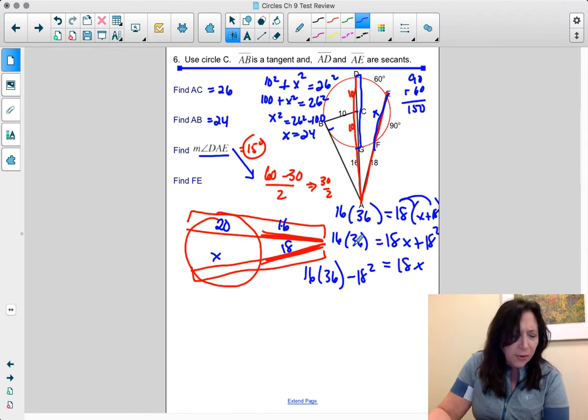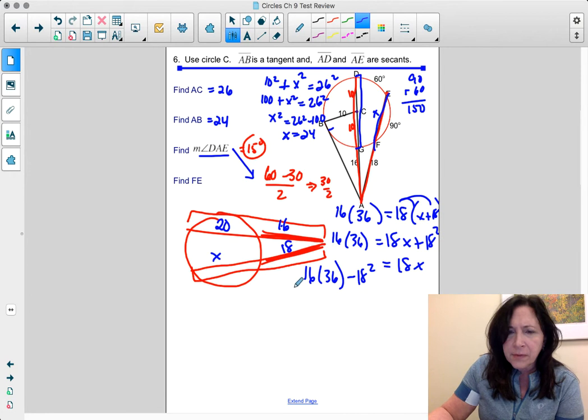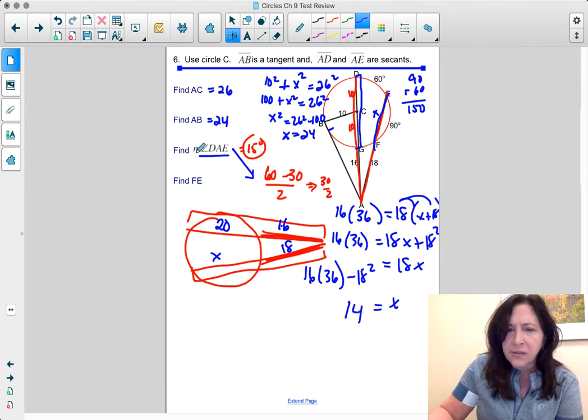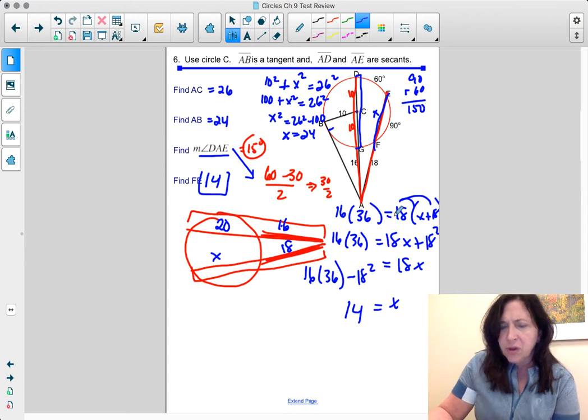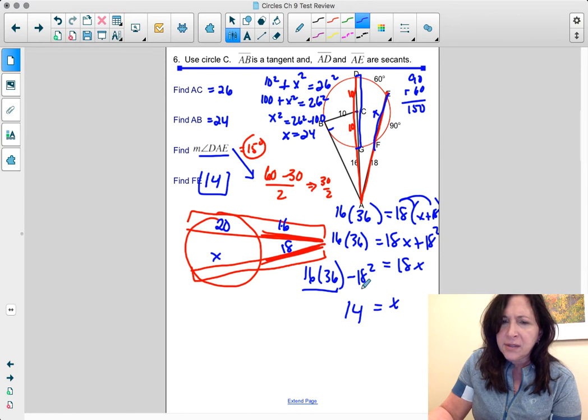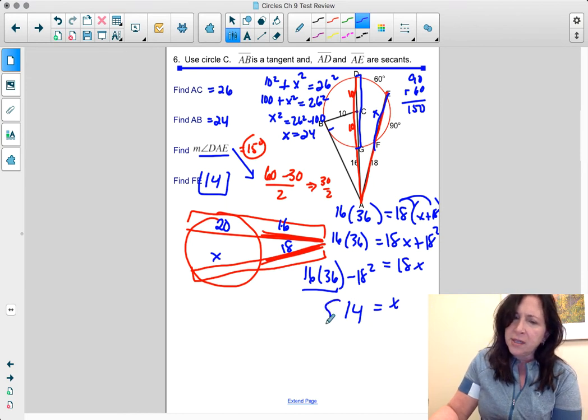Solve for x. x turns out to be 14. You can use your calculator: 16 times 36, get that number, subtract 18 squared, get an answer, divide by 18, and you get 14 as your answer.